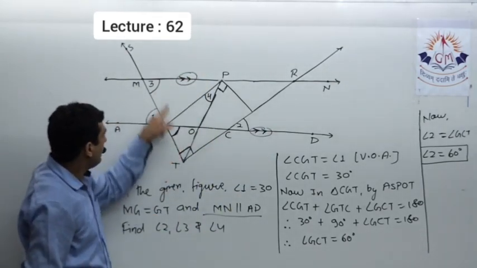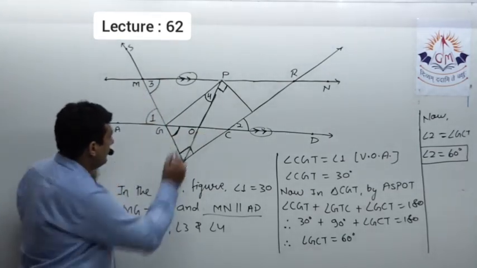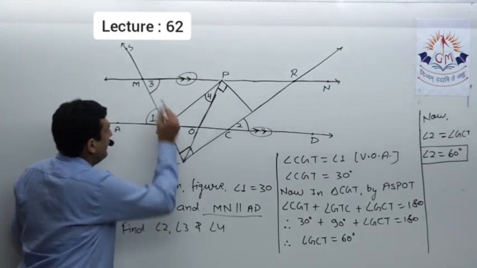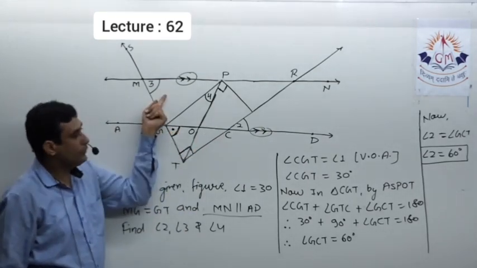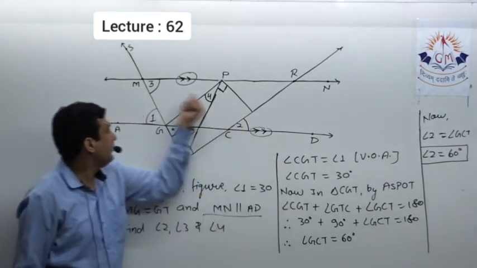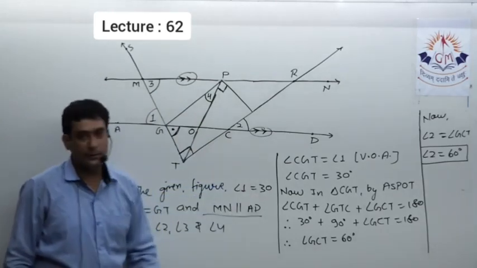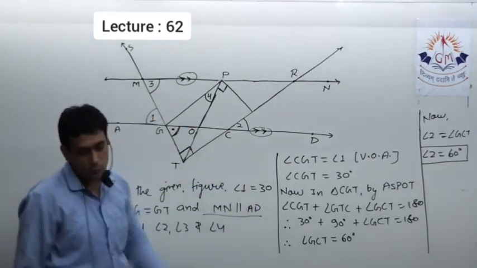As these lines are parallel, these two angles, I'm talking about this angle 3 and this angle, are corresponding angles. So simply I can say angle CGT is equal to angle 3, and angle CGT is 30 degrees. That means angle 3 is again 30 degrees. So note it down, then we'll come to angle 4.